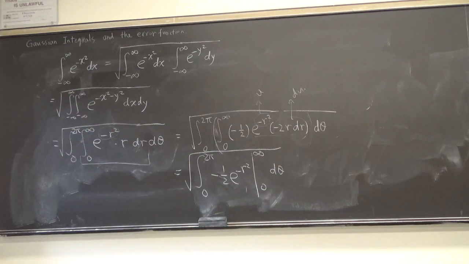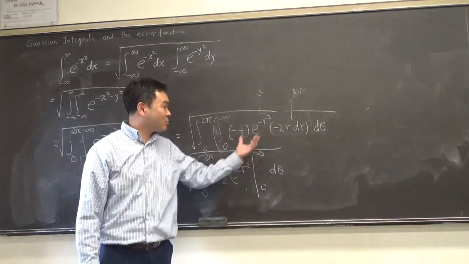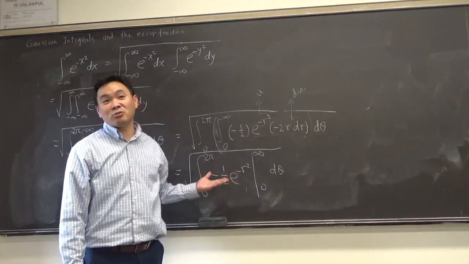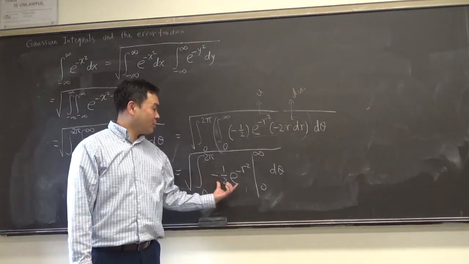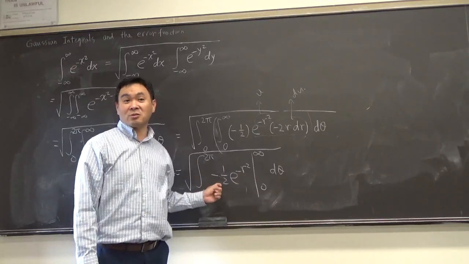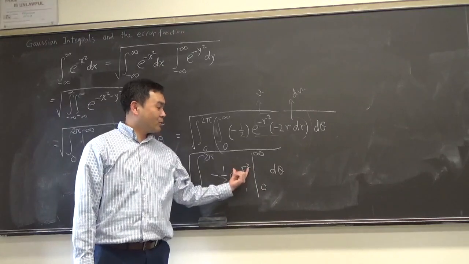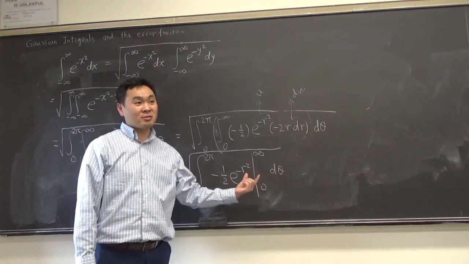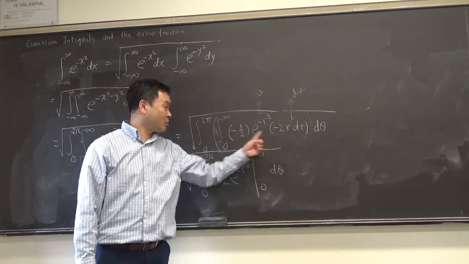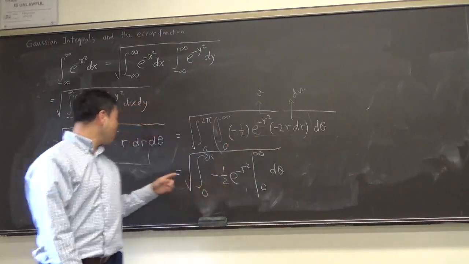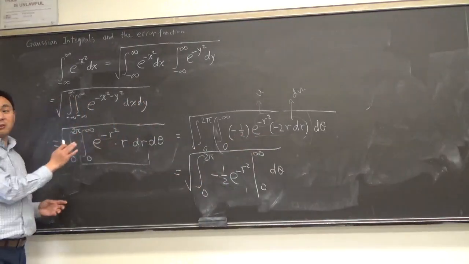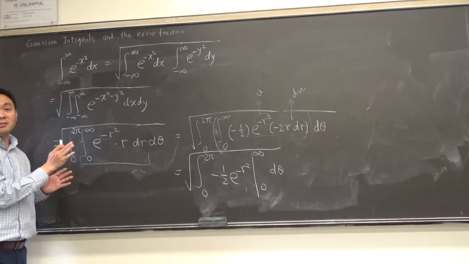If you're not sure what happened from here to there, it's just plain u substitution, or you can take the derivative using the chain rule. Differentiating negative r squared gives you negative 2r, which cancels with negative 1/2, creating exactly r times e to the negative r squared. Is that good?